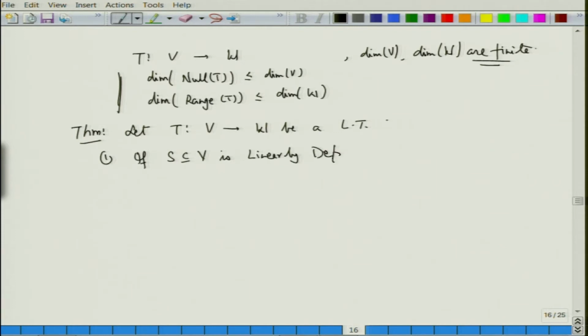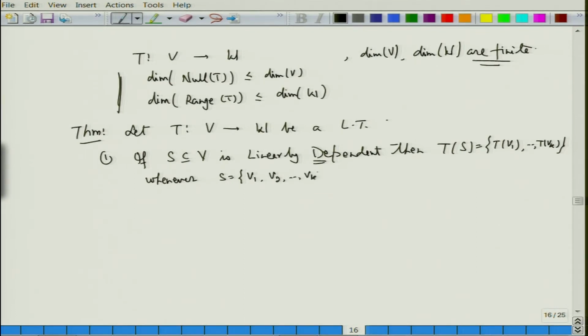is linearly dependent, then T of S, which is the same as the set T of V1 till T of Vk, whenever S is equal to V1, V2, Vk, then this is linearly dependent.